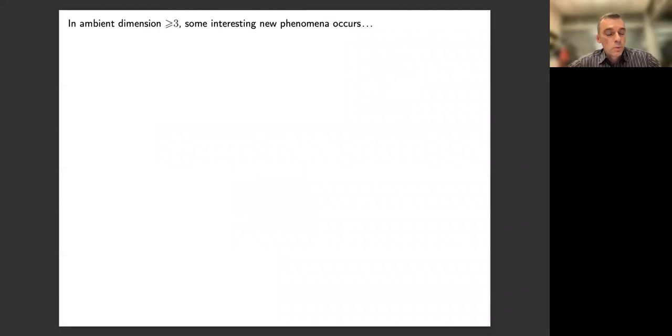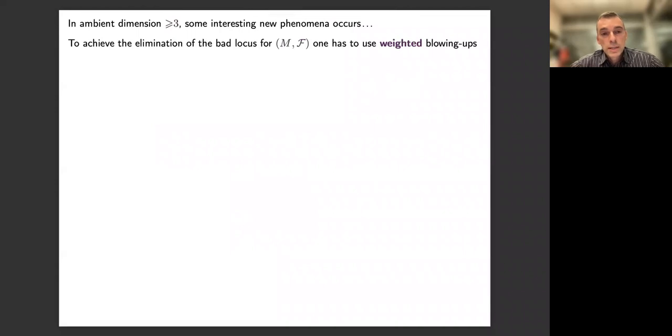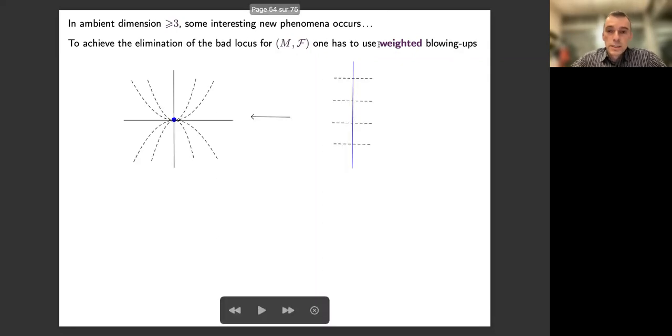So what happens if you try to do this resolution of singularities in dimension higher than 3 for vector fields? There is one new interesting phenomenon: the elimination of the bad locus necessarily requires weighted blowups. This is an example found by Fernando Sanz and Sánchez. So what is a weighted blowup?